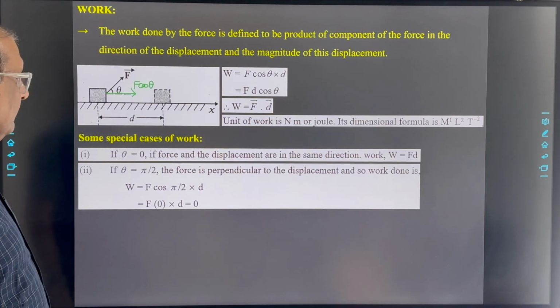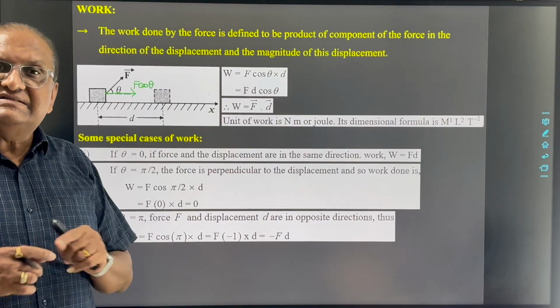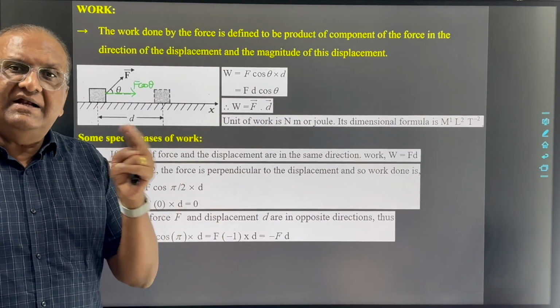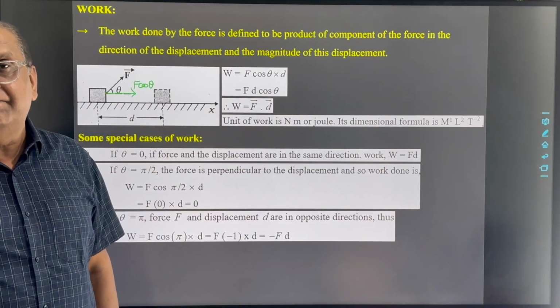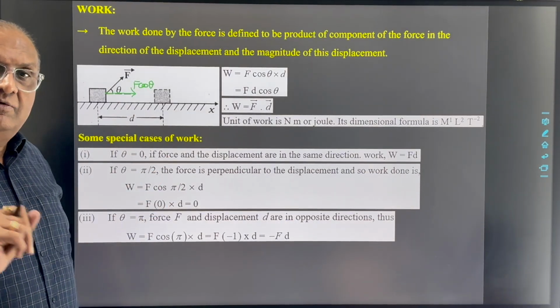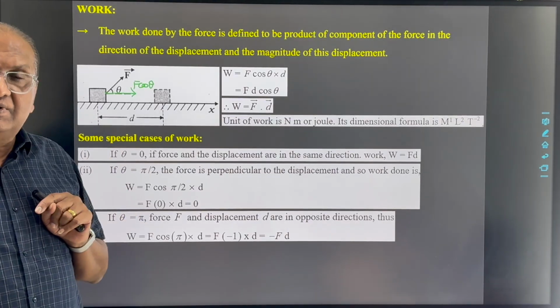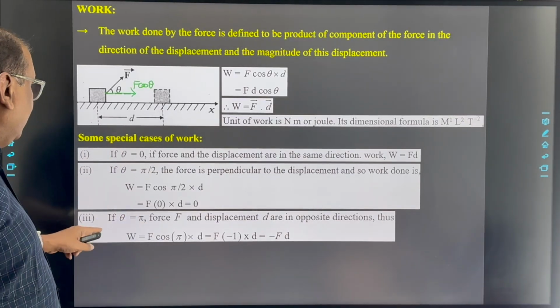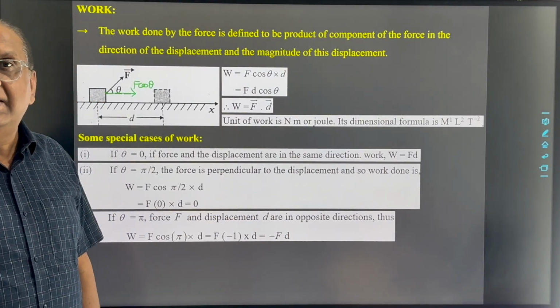If theta is pi, it implies that force and displacement are in mutually opposite directions, cos pi is minus 1, so W equals minus F into D.